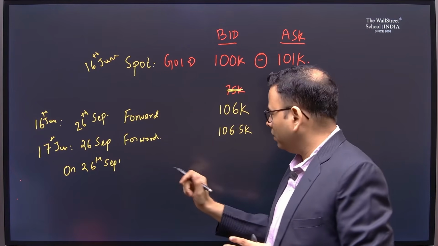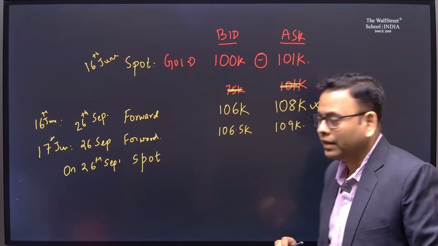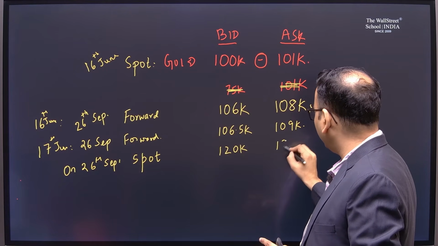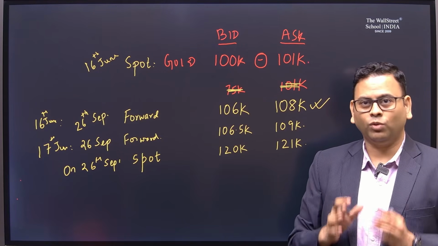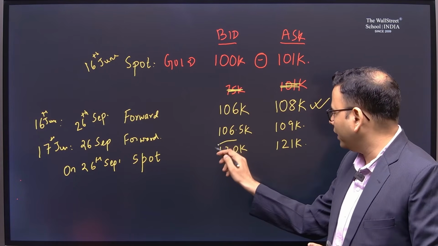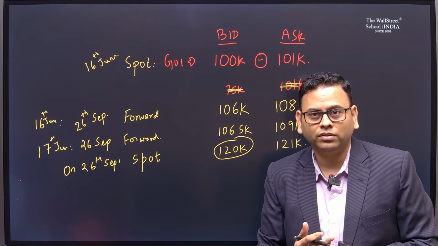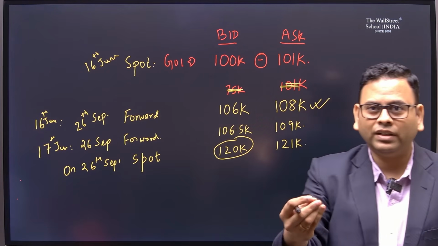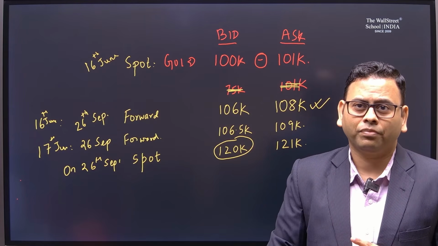So, on 26th of September there would be a spot price, right, and let us assume that spot price is 120,000 and 121,000, which means now on 26th of September you can sell gold in the spot market at 120,000, but you fix the price at 108,000, which means you will go to Kalyan Jewellers and say, please take 108,000 and give me 10 grams of gold, which you can sell in the market at 120,000, right.